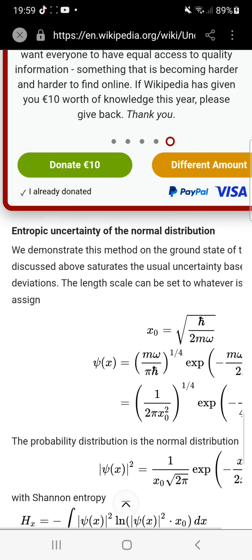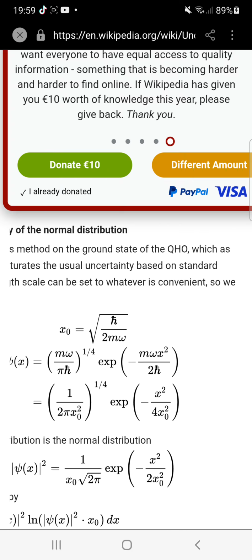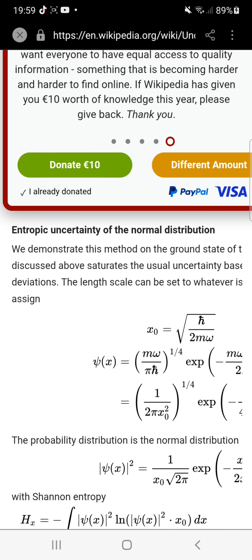Entropic uncertainty of the normal distribution: we demonstrate this method on the ground state of the QHO, which is discussed above and saturates the usual uncertainty based on standard deviation.